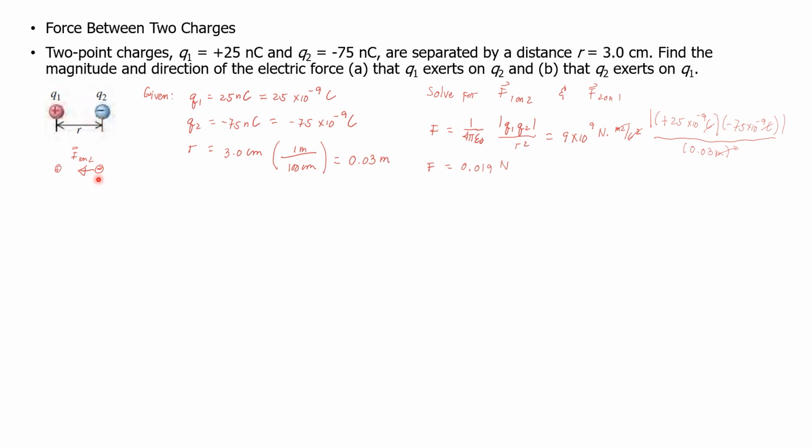The force of charge 1 on charge 2 is going in the negative direction, and the force that charge 2 exerts on charge 1 is going in the positive direction. And since we have the same values of charges and distance, we can say that the magnitude of the force of 1 on 2 is just equal to the force of 2 on 1. However, they have opposite direction because of the attractive force.